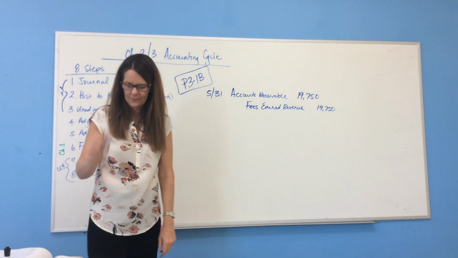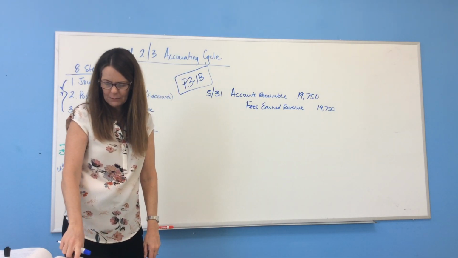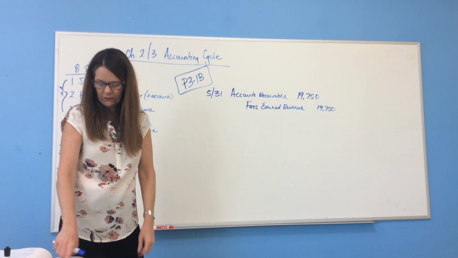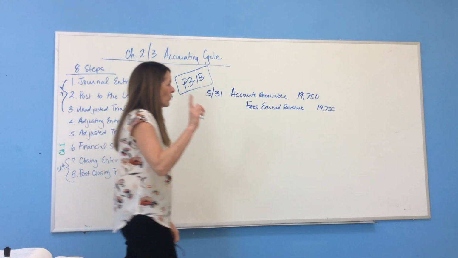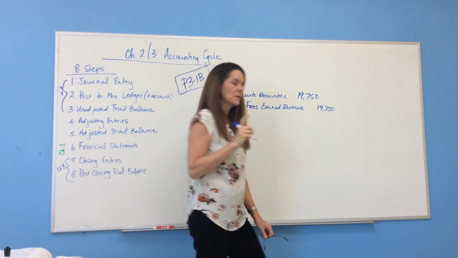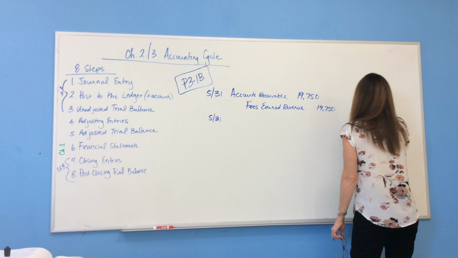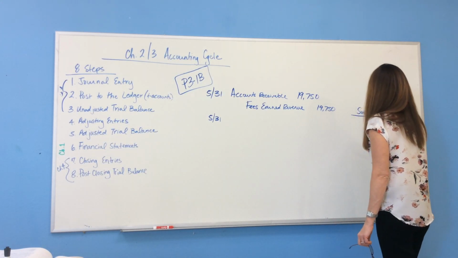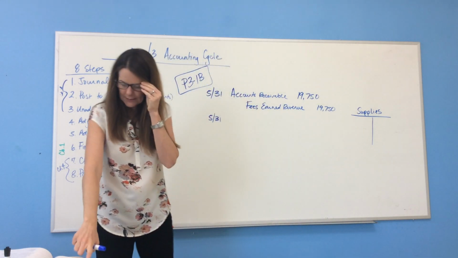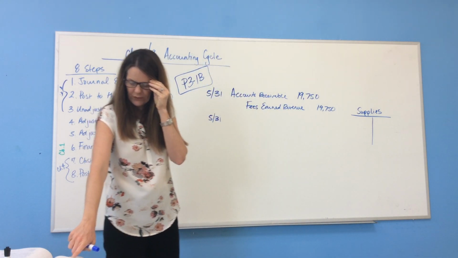Moving on, the second one. The supplies account balance on May 31st is $12,300. The supplies on hand on May 31st are $4,150. For this type of account, I like to use the T account. So we're going to use the ledger account for supplies. It basically tells us that the supplies balance is $12,300.